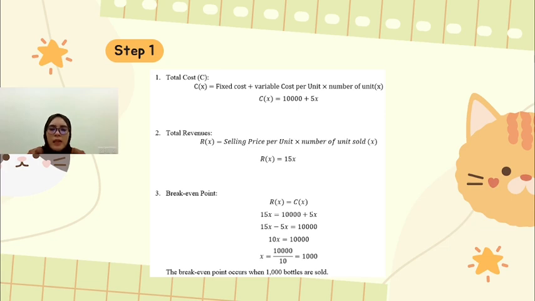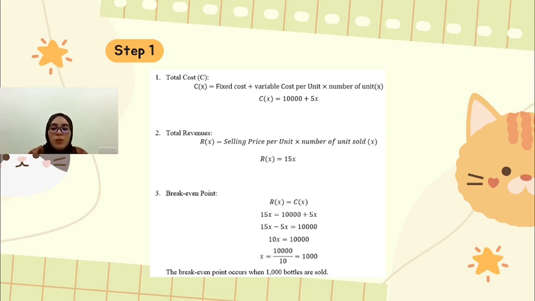And then lastly, you will get the break-even point. The formula to find the break-even point is R(x) equal to C(x). So you just substitute the equations that you already have: R(x) equal to 15x, C(x) is 10,000 plus 5x. You just rearrange it.